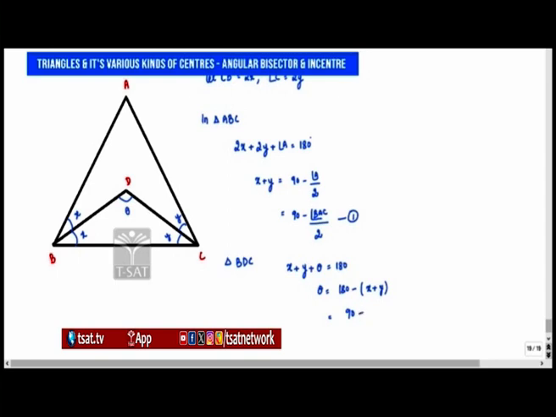Minus of minus becomes plus, therefore plus angle A by 2. So remember this theta: the angle formed by the two internal bisectors of a triangle is 90 plus the third angle by 2. So here I am taking two internal bisectors.